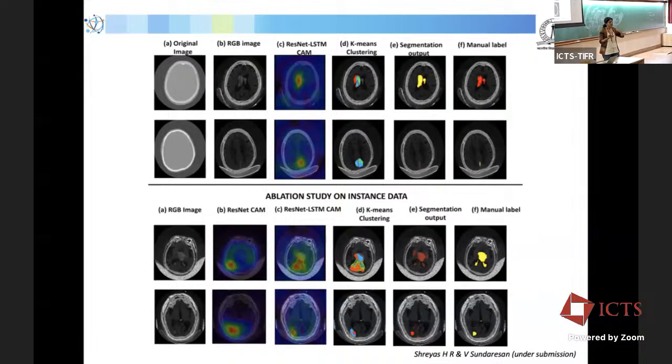We want to know which slice has the lesion, and having spatial continuity across slices is really helpful. Just using that spatial continuity, we were able to get better localization, better specificity and a more precise CAM map. So we were able to get better results for intracranial hemorrhage detection.